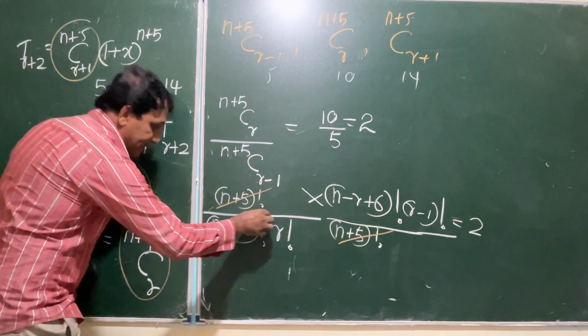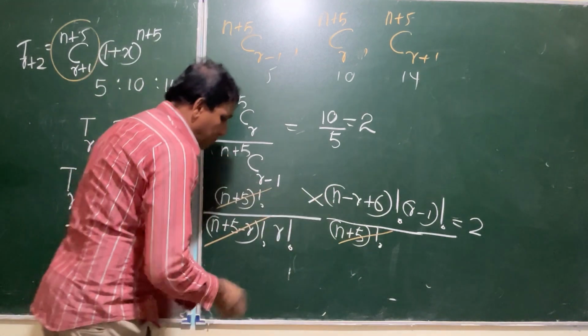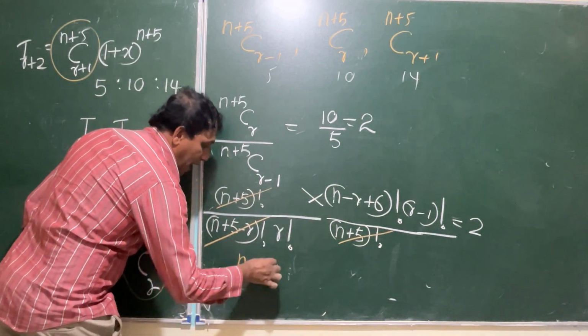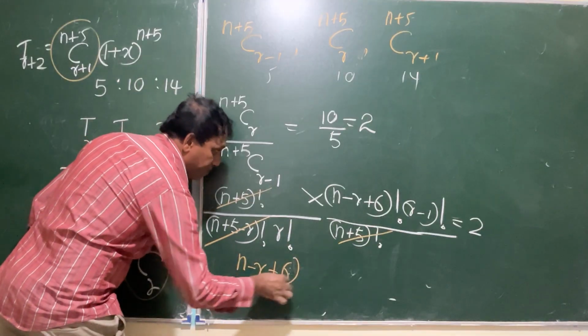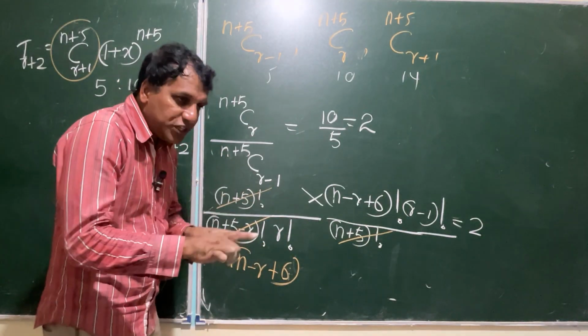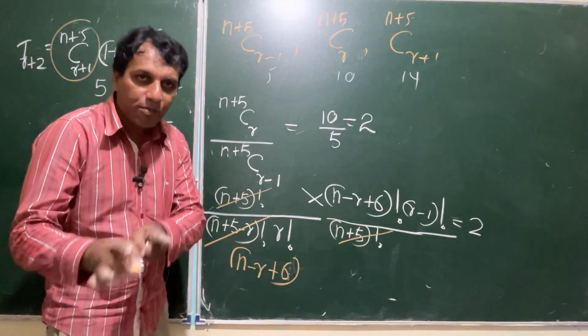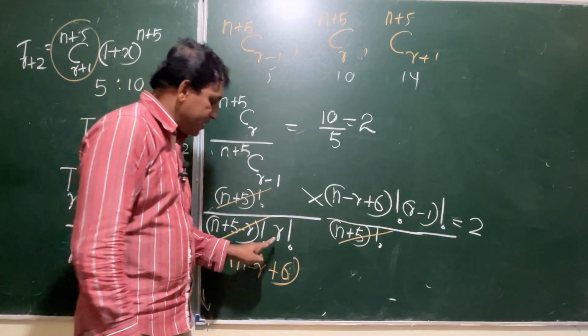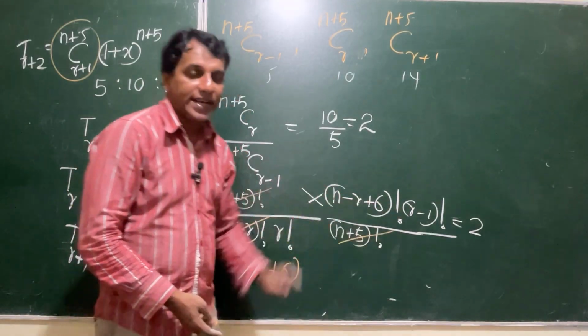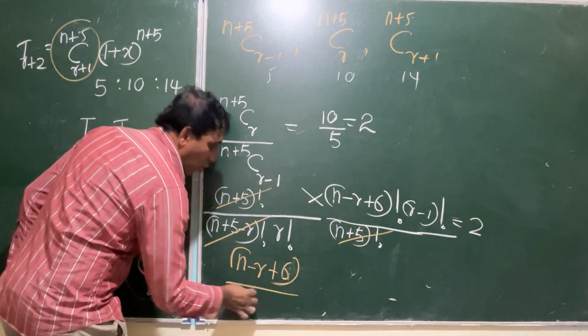With this, they cancel. So the balance part here is n minus r plus 6. And what about this one? r factorial, r into (r minus 1), (r minus 2), and so on. This is r into (r minus 1) factorial. With that cancel, right? Therefore, below is r.